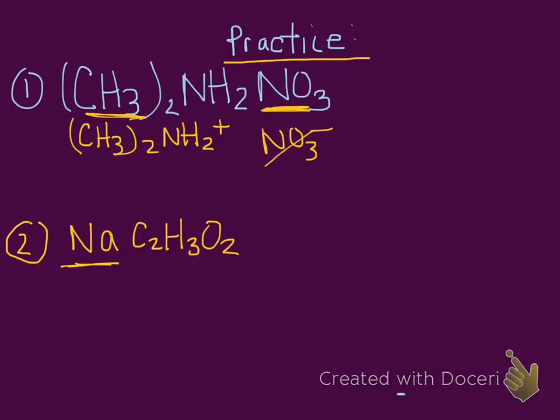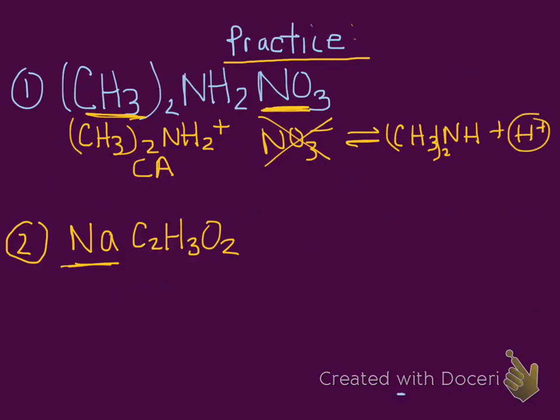We know that this is a pH spectator. We'll get rid of it. And this, because it's a cation, is going to be a conjugate acid. And we know that conjugate acids, when they're added to water, they will give up an H plus, and you will be left with your weak base, and this will generate an acid, a proton in water.